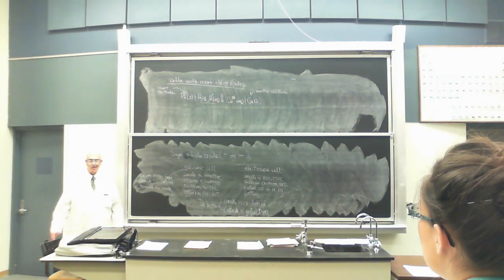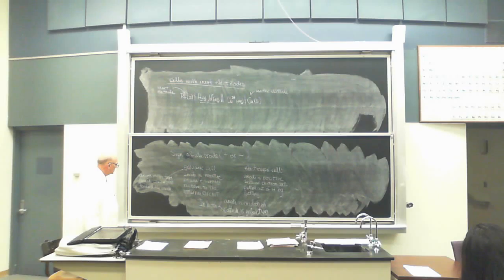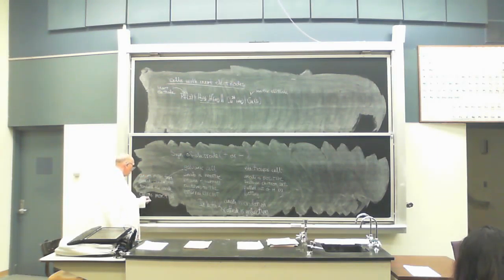Now they move towards the cathode department. That's the salt bridge. That's the connection between the two compartments. And then you got the reverse statement of this. Cations move from the anode compartment toward the cathode.